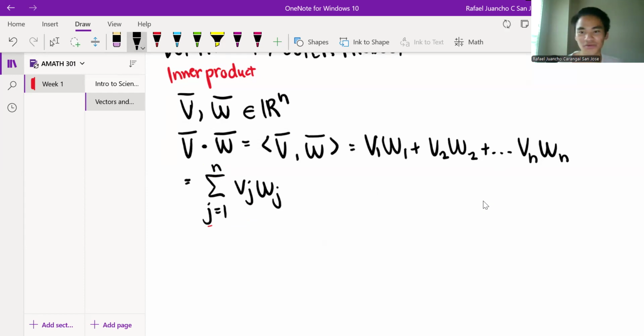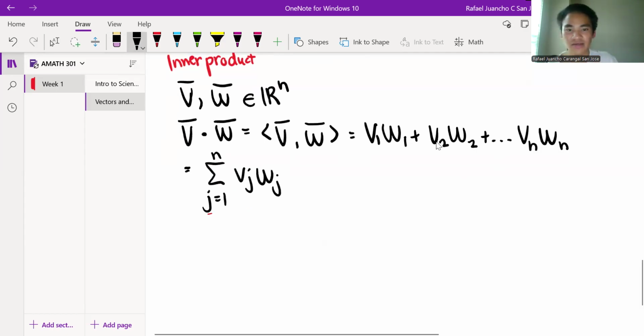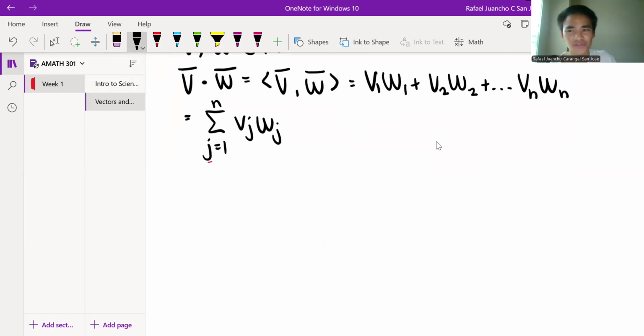It's just a way to make equations compact. And there's also this idea of transposing. What do I mean by transpose? Remember when we talked about vectors being row vectors and column vectors? Well, this is what transposing does.